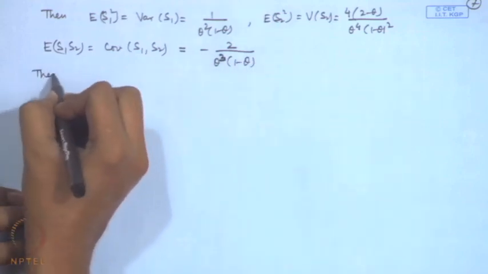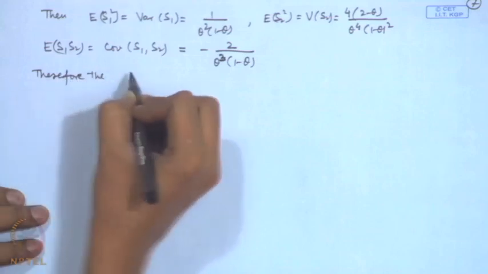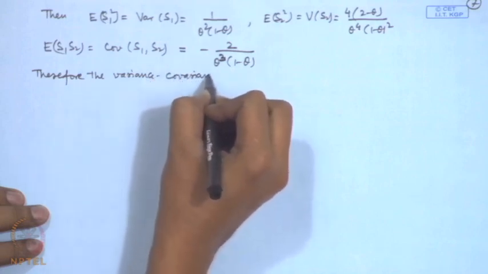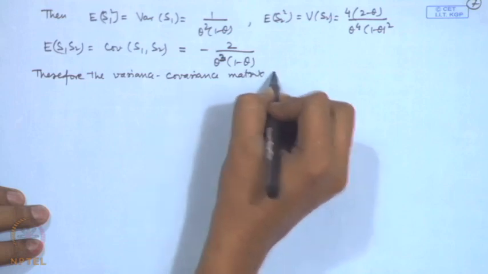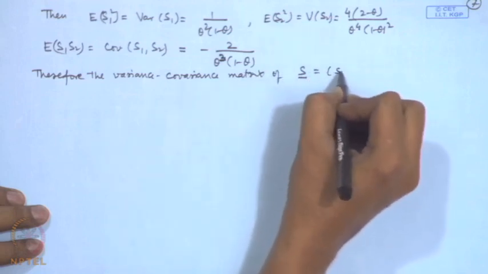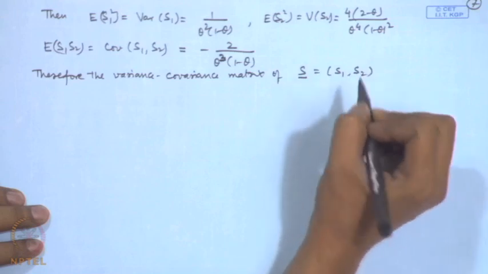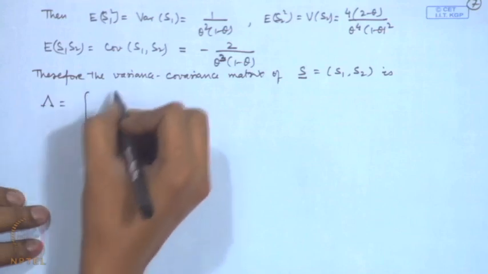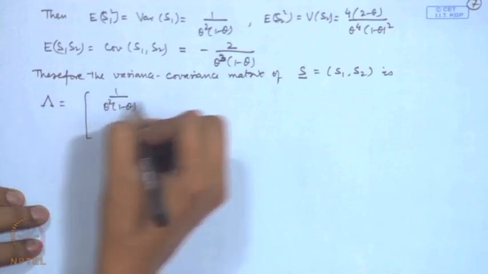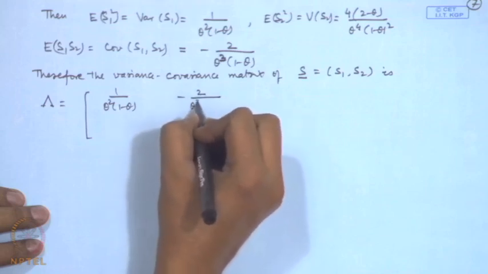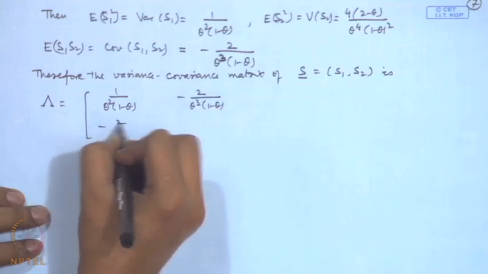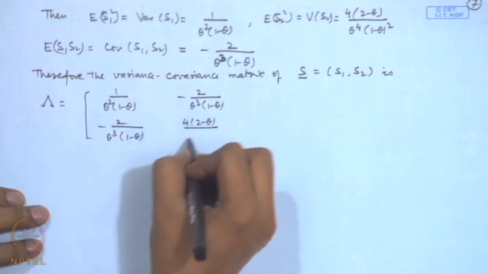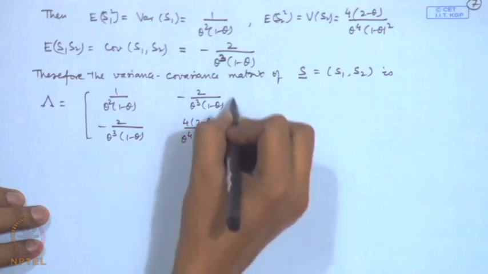Therefore, the variance covariance matrix of S is equal to, here we are going only up to second stage, that is lambda, 1 by theta square into (1 - theta), minus 2 by theta cube into (1 - theta), and 4 into (2 - theta) divided by theta to the power 4 into (1 - theta) square.